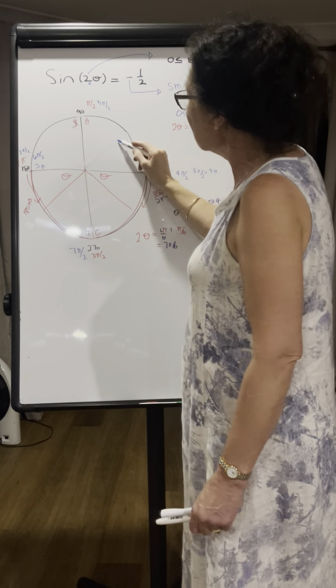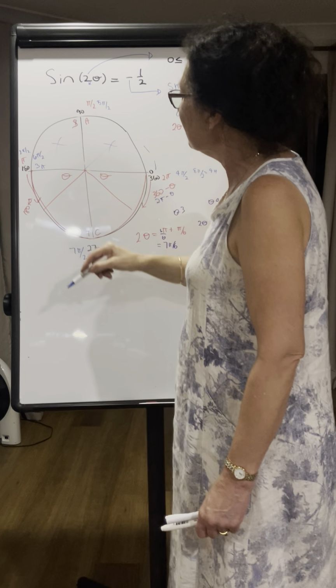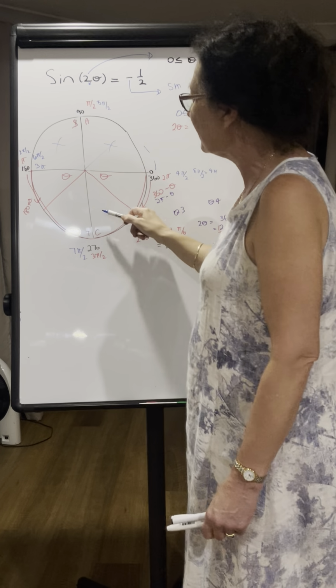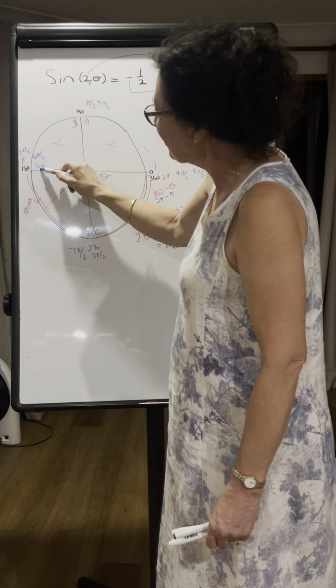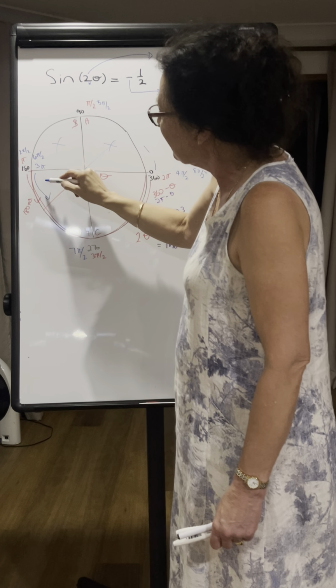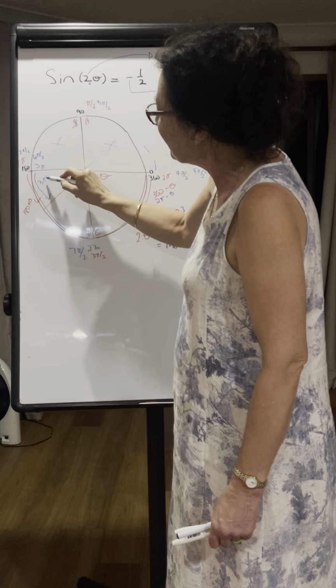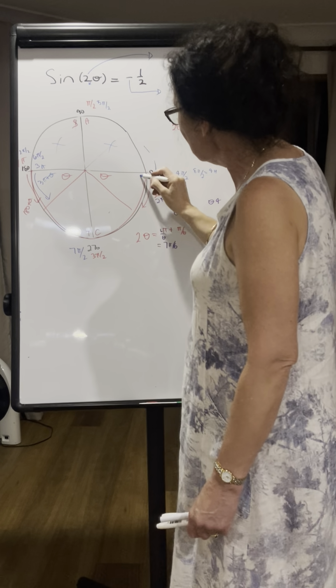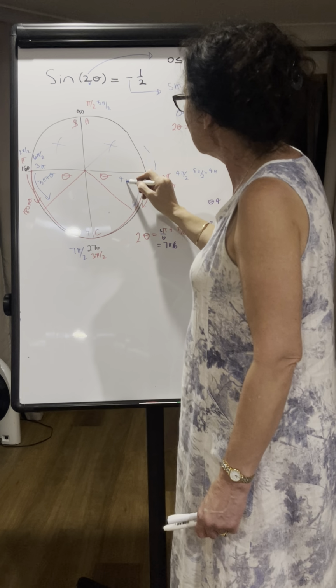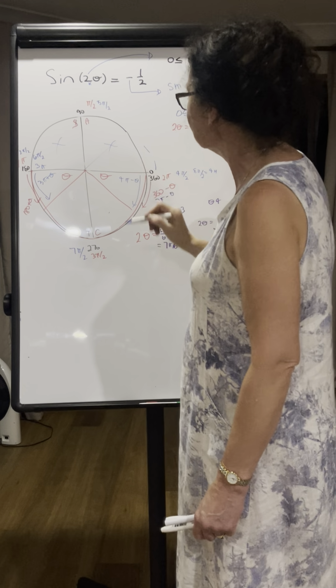So I don't want this one, I don't want this one, I want this one and this one. And if you have a look, that's 3 pi plus theta. This one is 4 pi minus theta.